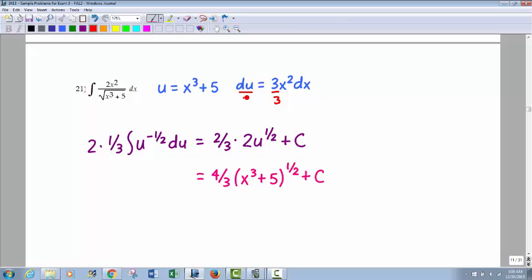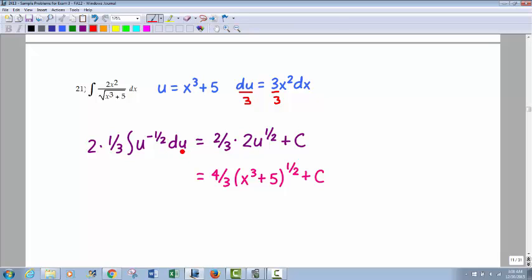So 1/3 du then would equal x squared dx. So there's the 1/3 from the du right here. And the 2, of course, comes from this original problem. There's a 2 in it. And the x squared dx is all represented by the du.